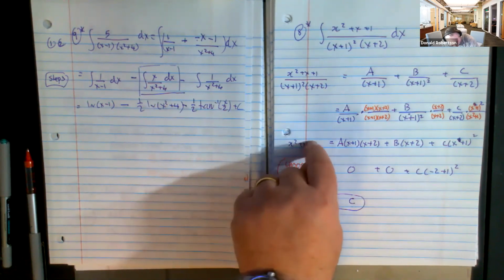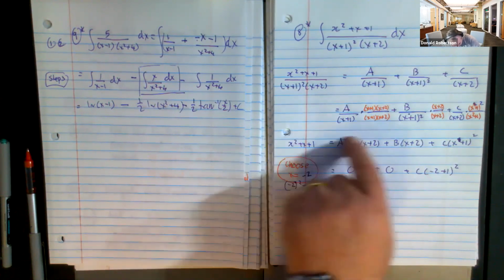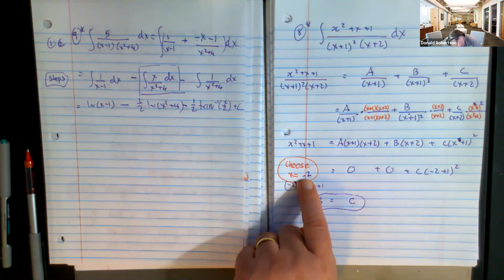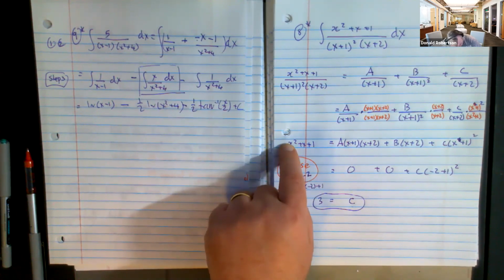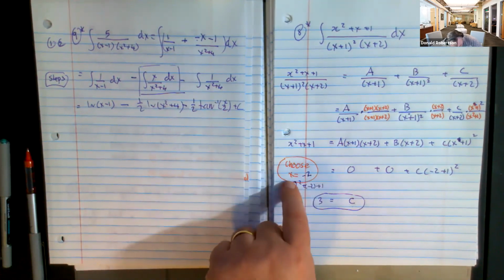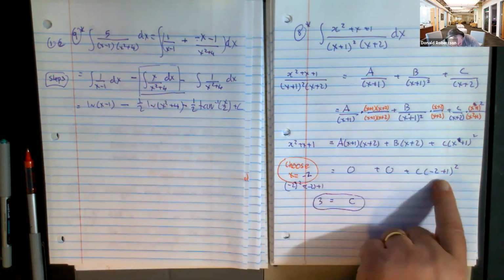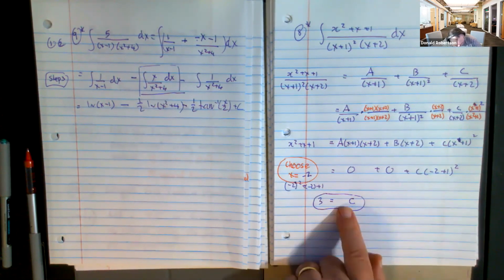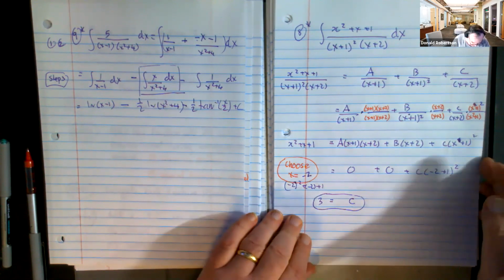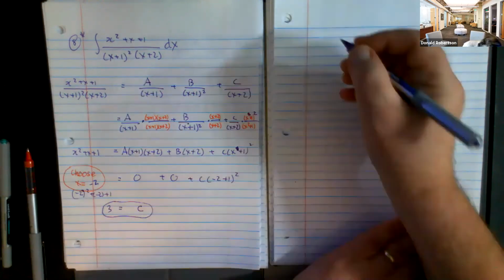Everything here, every x here, gets replaced by -2. So that's 4 take away 2, add 1, which gives me 3. Disappears to 0, disappears by 0. 1 squared is still 1, so C gets me that. And now I know a little bit more than I did before.